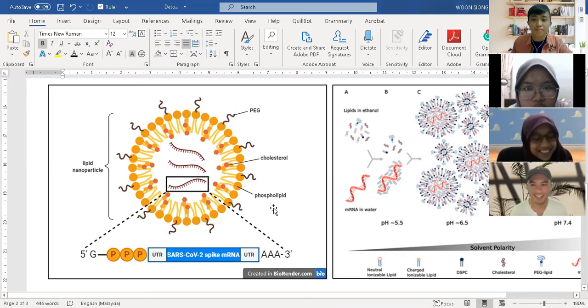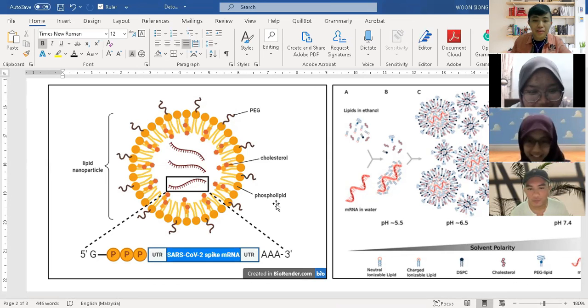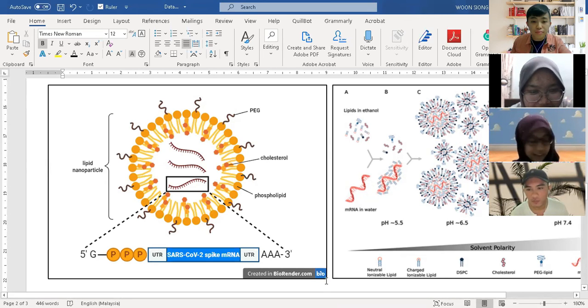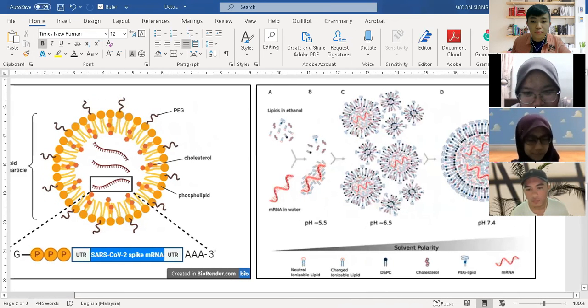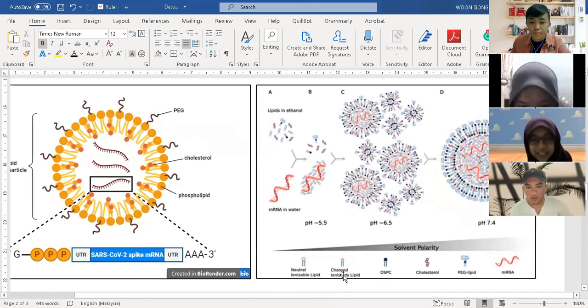Yeah, that's right. Okay. If you look at the other figure, we have a charge ionizable lipid. This lipid binds to the mRNA so that it doesn't get out just like that.